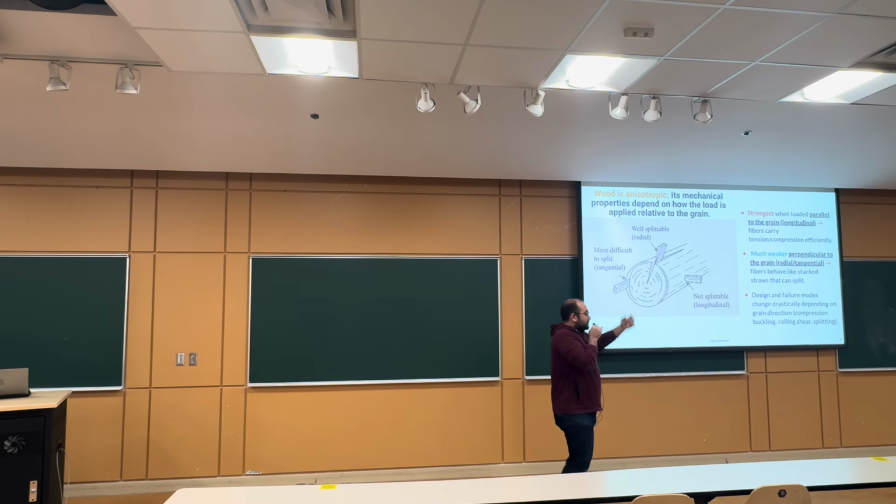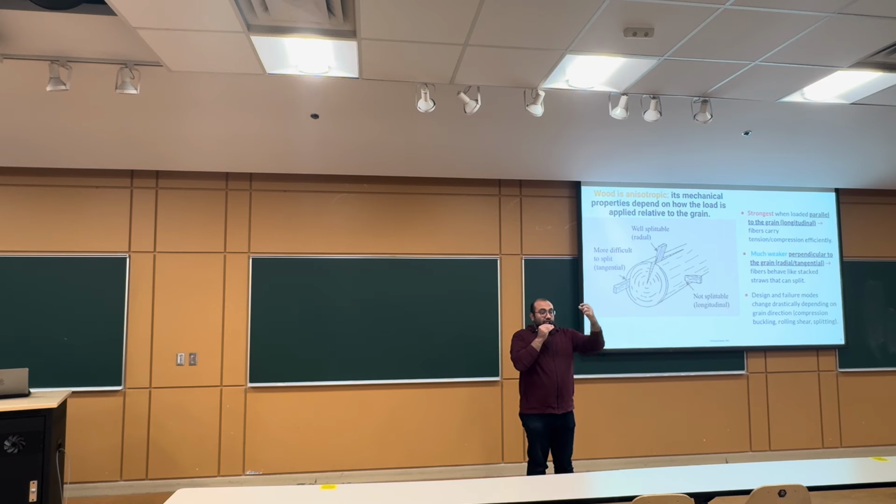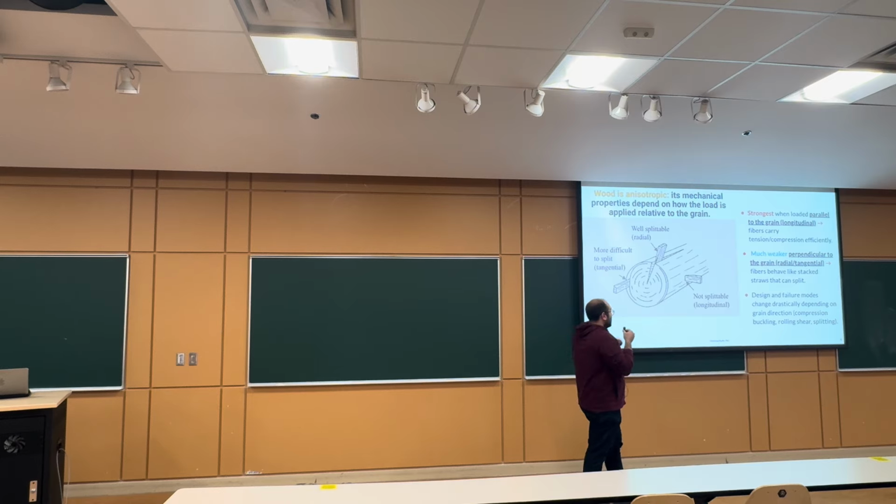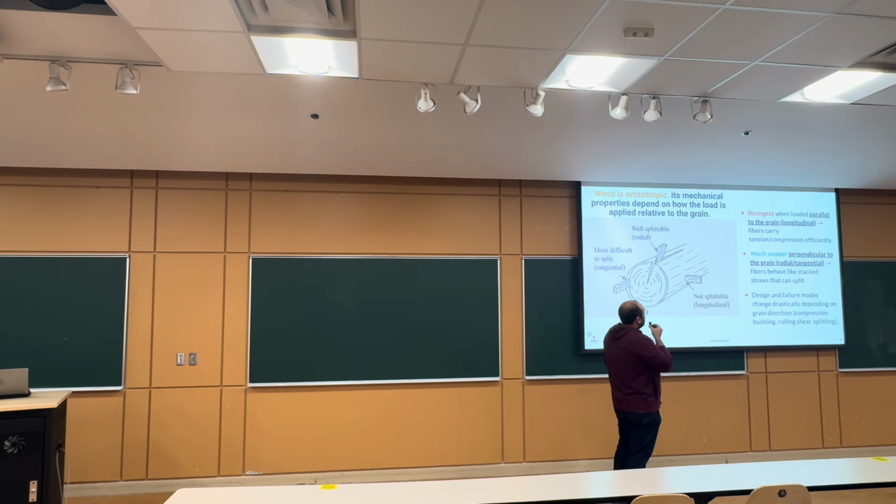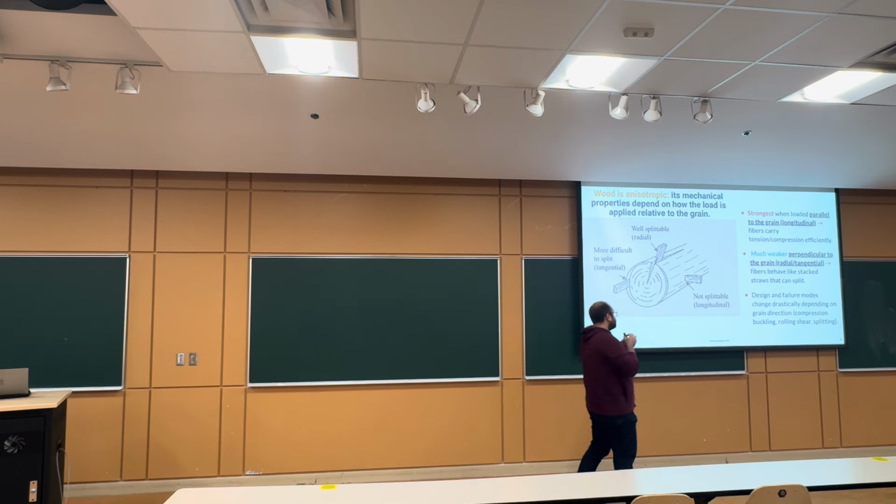So a series of tubes are arranged in series, and those tubes are resisting and supporting each other in order to resist the load that is applied in the longitudinal direction. And that's why we have the strongest properties in the longitudinal direction.